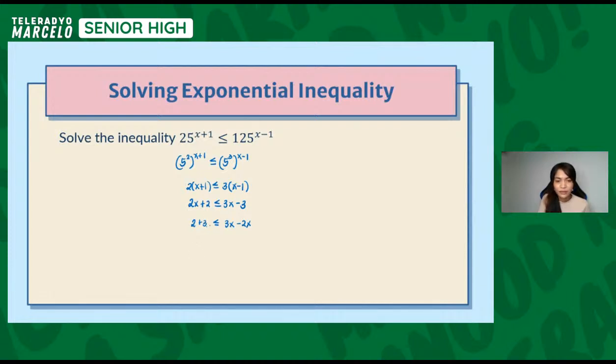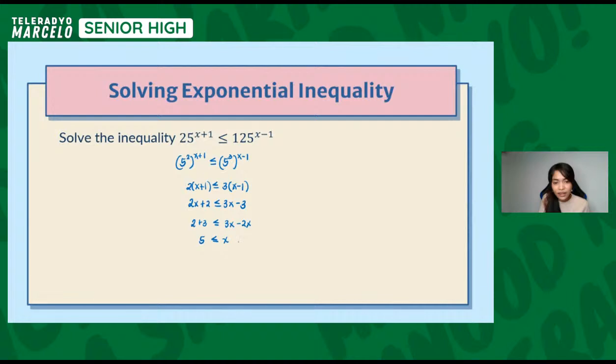Okay, so let's simplify this one. 2 plus 3 is 5, is less than or equal to 3x minus 2x is x. So this will be our solution for this exponential inequality. And also, we can represent this using set notation. So we are looking for values of x that are greater than or equal to 5.